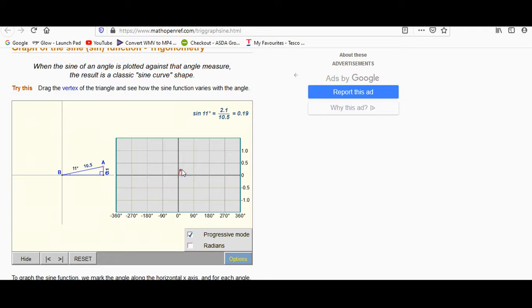So that's the sine of 11, 0.19. Remember, sine is opposite side divided by hypotenuse, isn't it? We talked about that. Opposite side divided by hypotenuse. So I'm doing sine 20 at the moment, and this graph's plotted at 0.34. Basically the values have been plotted from the last table I showed you.